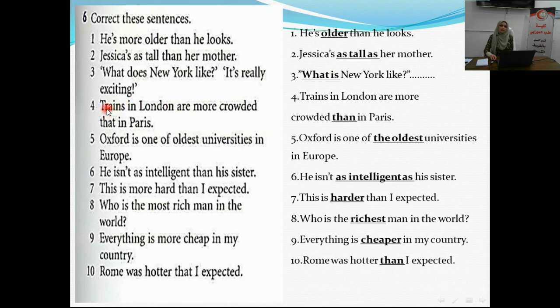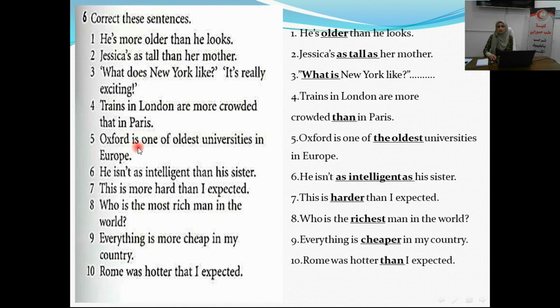Number four: trains in London are more crowded that in Paris. So he put here that, and this is the incorrect word. We are going to correct it by saying trains in London are more crowded than in Paris. We use than when we want to make a comparative.